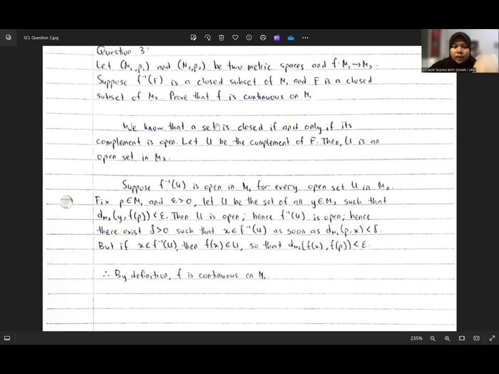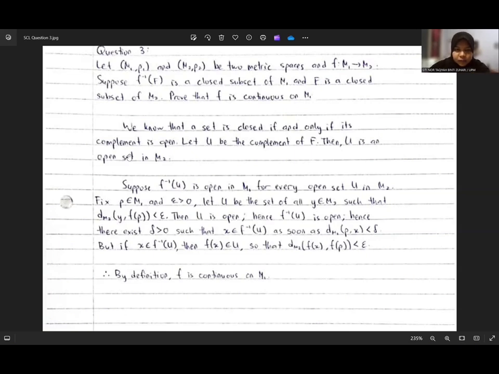Firstly, let's recall that a set is closed if and only if its complement is open. So let U be the complement of capital F, and since capital F is closed, then U is an open set in M2.